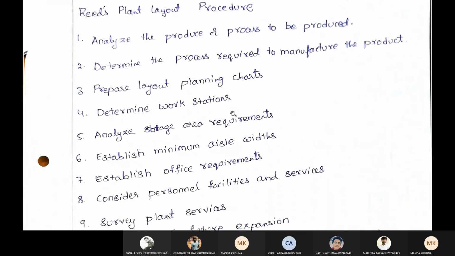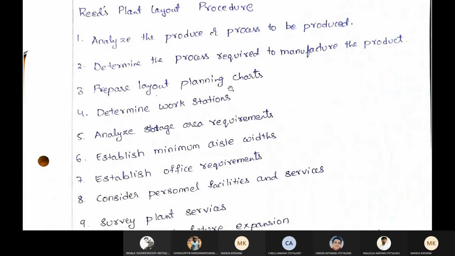We have to analyze the product or process to be produced. What is the product that we are making? We have to plan the process and analyze it. Determine the process required to manufacture the product.